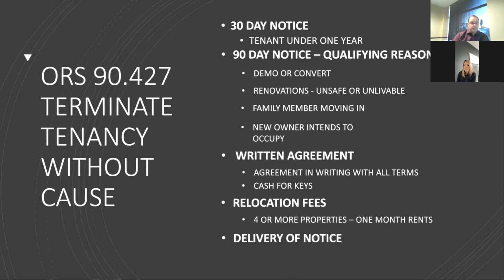Okay, delivery of notice. So this is really important. Things can go sideways really quickly, and not only go sideways, but you could delay yourself lots and lots of months. If you do not notice correctly or deliver it correctly, you are going to have to start over with the entire 90-day notice process.